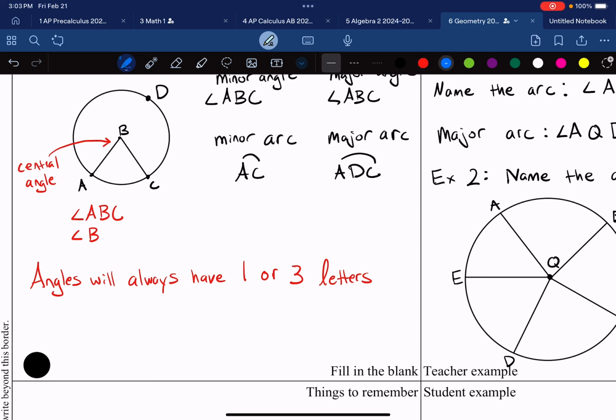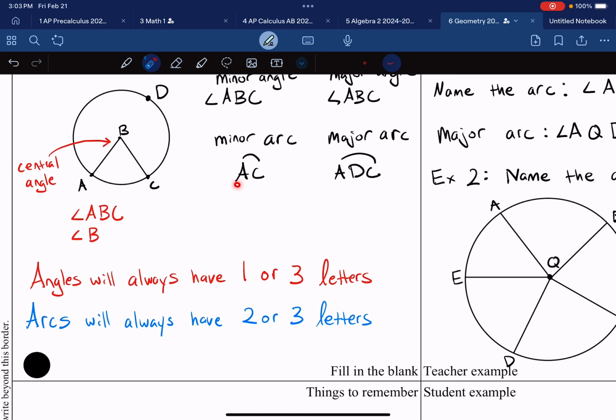But arcs, we'll do a different color for arcs, will always have two or three letters. So you'll either have a minor arc with two letters or a major arc with three letters. And these are actually different things. So it's worthwhile pointing out that these are different. This one is a minor arc, and this one is a major arc.